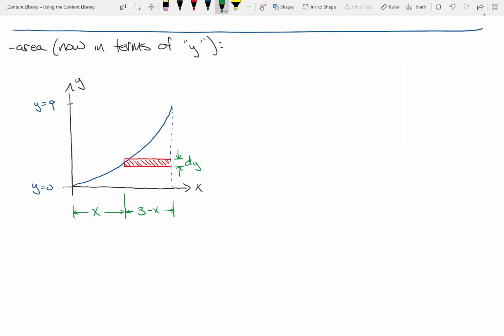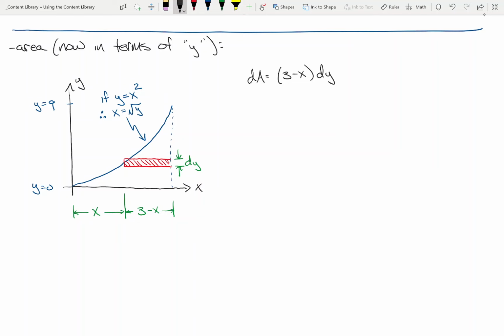By the way, let's just make sure that we're aware of one thing. If y equals x squared, x is the square root of y. Are we all in agreement with that? So I propose that dA is going to be 3 minus x dy.